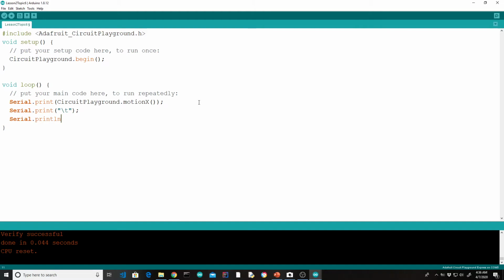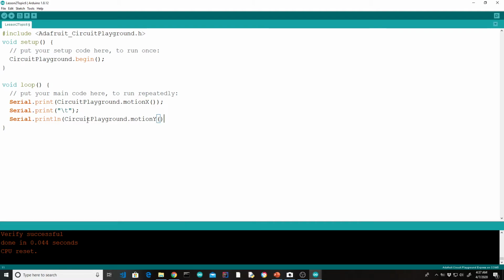So we'll leave the last one as a print line. If you recall, print prints the information but doesn't skip down to the next line. The \t will cause a tab between the first piece of information and the second. So there's a little bit of space between the two numbers, and we're able to distinguish between them.